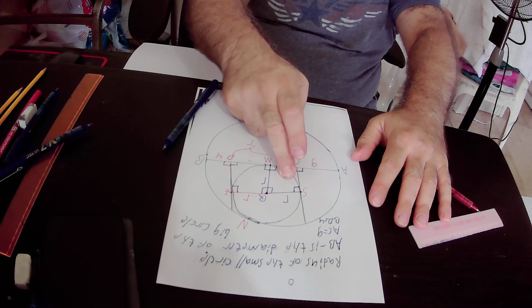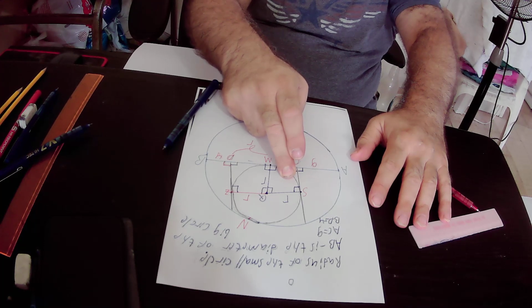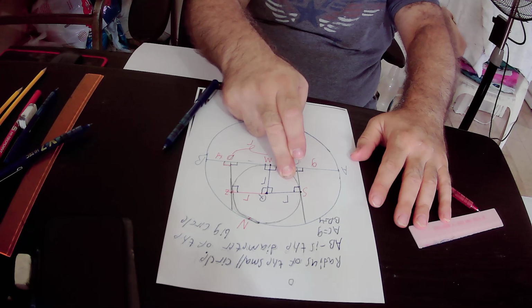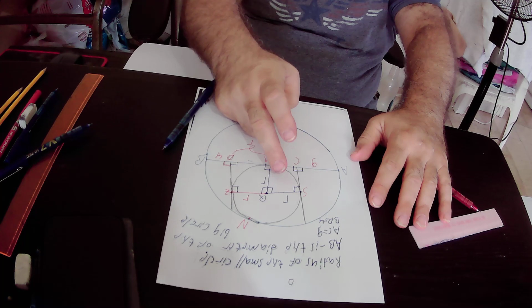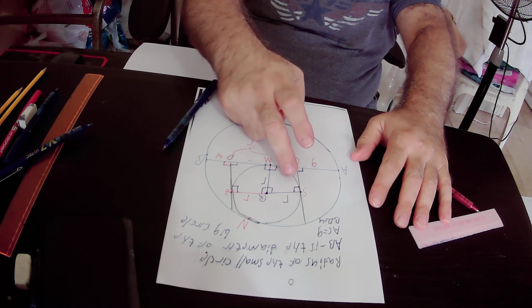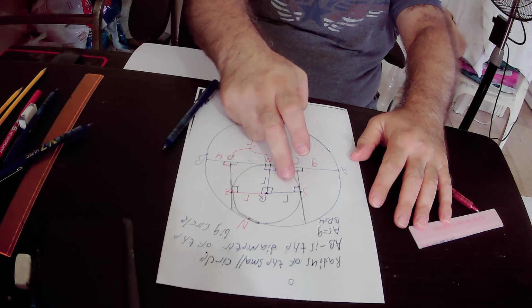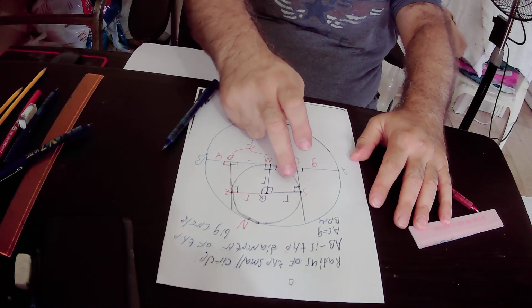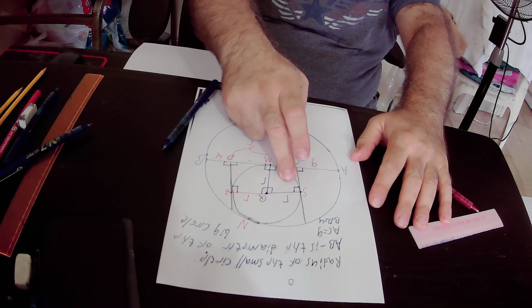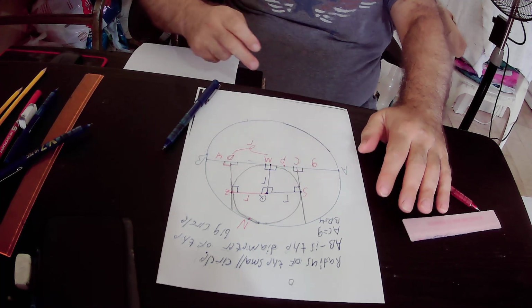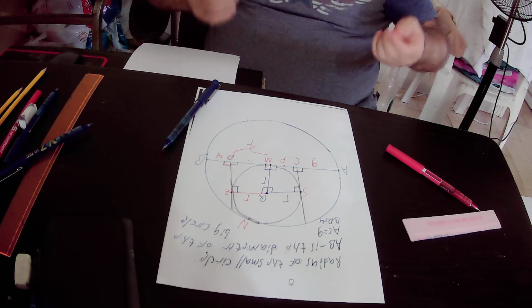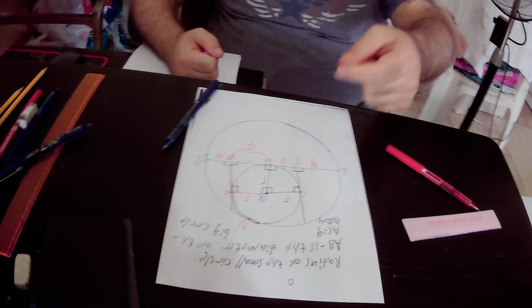So quadrilateral SQCM has 4 right angles, and therefore according to rule number 3, it is a rectangle. And we have rule number 4 that the opposite sides of a rectangle are equal to each other.